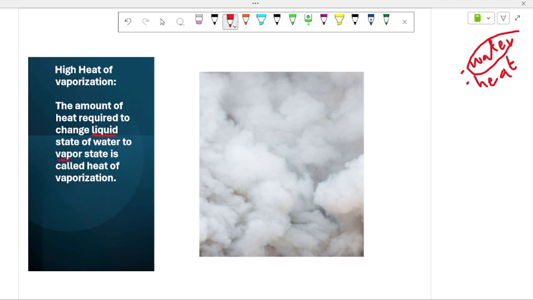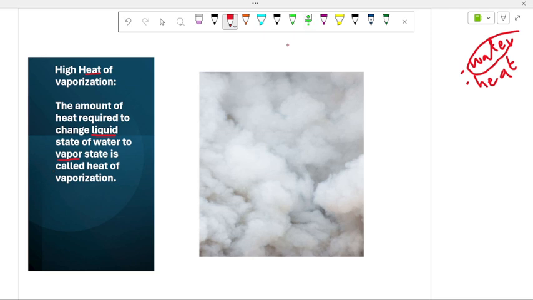So now we can finalize what we thought. That particular picture is showing a property, and that is heat of vaporization. Heat will be given from outside so that the change of state will occur.